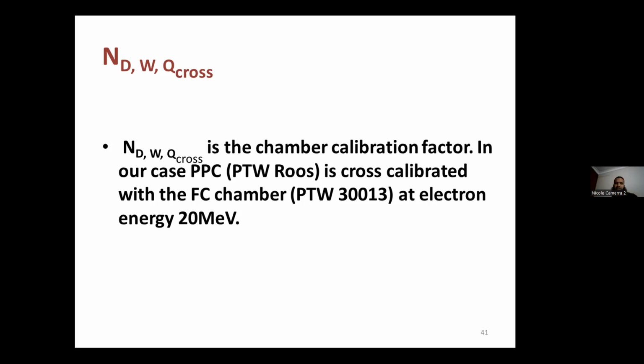So this is what I said: NDW,Q0 cross is a chamber calibration factor. In our case, we normally use a plane parallel chamber, the PTW Roos or the IBA one. I don't remember the name of it, but it is cross-calibrated with the Farmer chamber at an electron beam energy of 20 MeV.